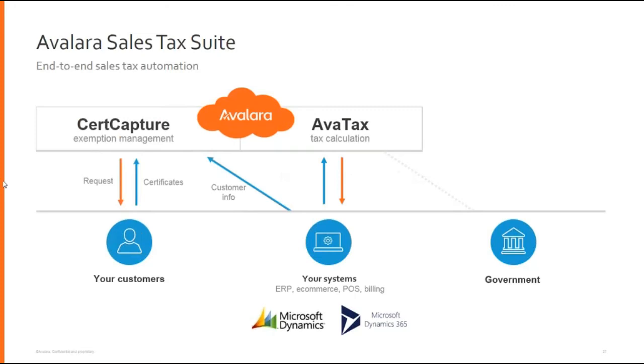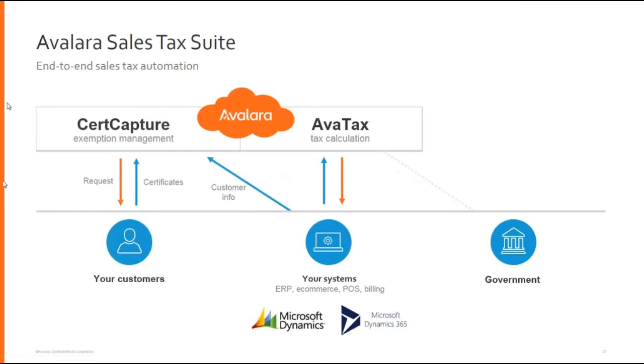CertCapture allows you to manage your certificates, both the images as well as the data, so you have complete control over your documents. There are built-in workflows to manage the certificate requests via email, or you can do an email campaign, and all your customers have to do is click on a link to provide their certificate information online for you. And of course, CertCapture is integrated with the Tax solution.